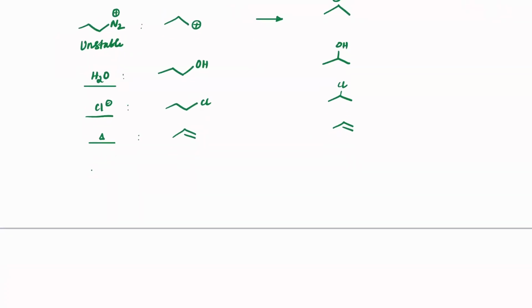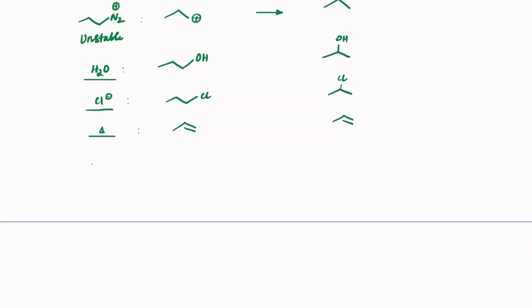Next, in case you have ether formation, this alcohol can react with this alkyl chloride to convert into a three-membered ring like this. This is one.